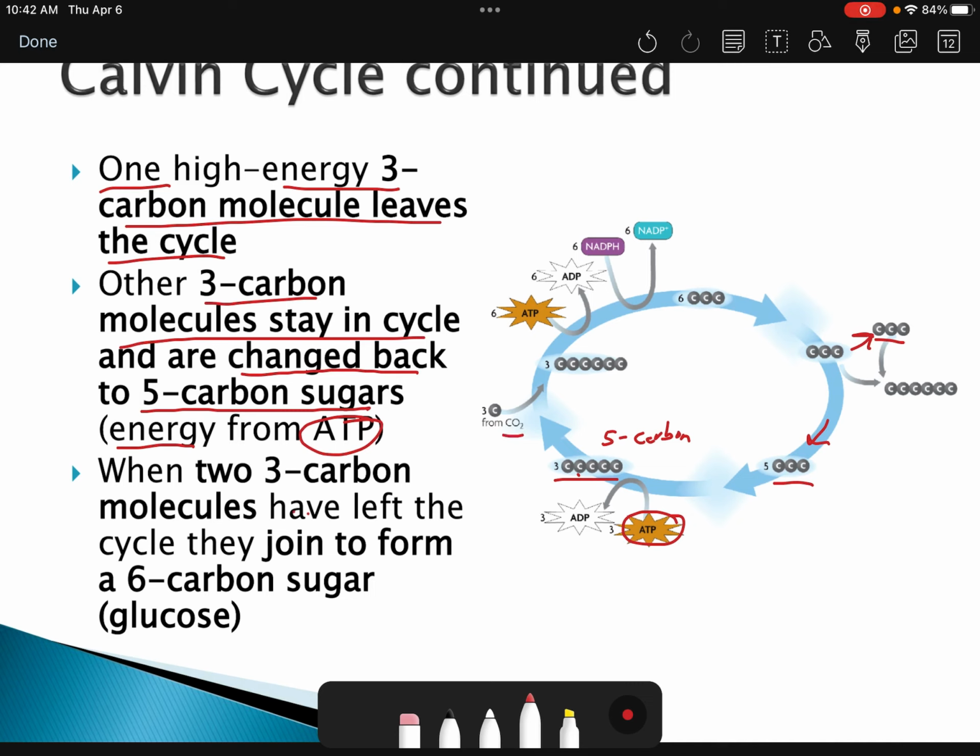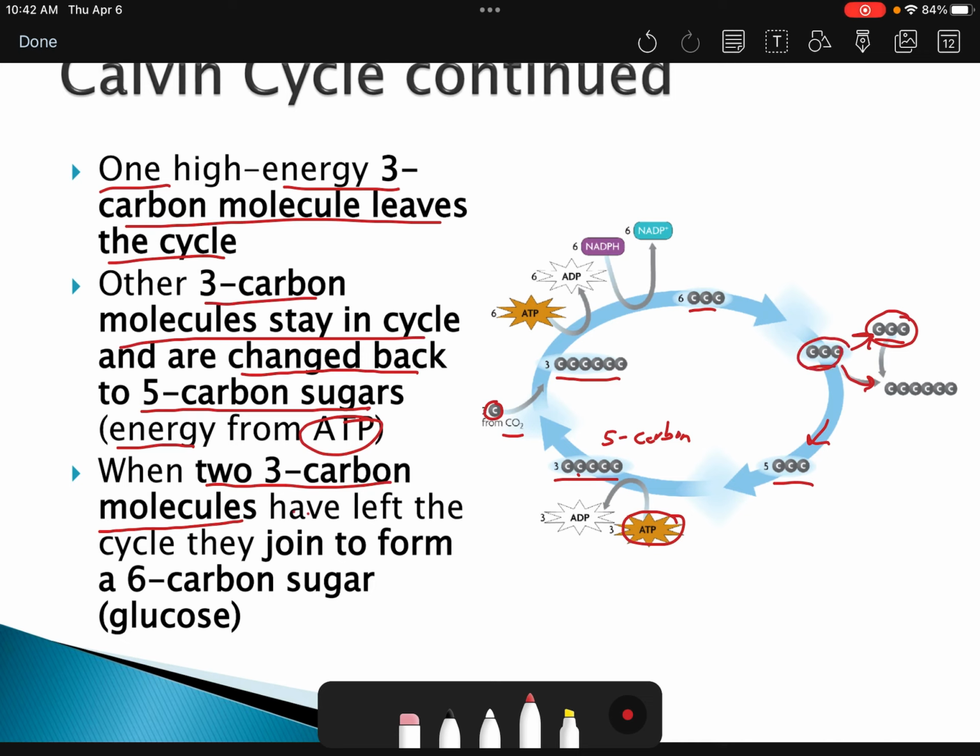And so now as more CO2 comes in, we can use this carbon and add it to that 5-carbon to become a 6-carbon. More ATP and NADPH is used to break it into 2 3-carbon molecules. One of those will again exit the cycle. And once you have 2 of those 3-carbon molecules that have left, remember this one was from the previous trip around the cycle.